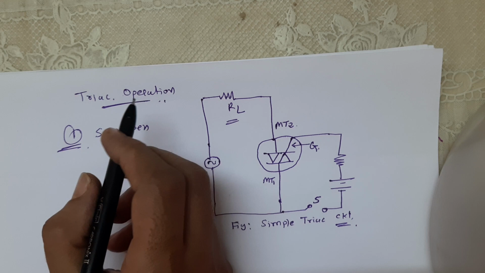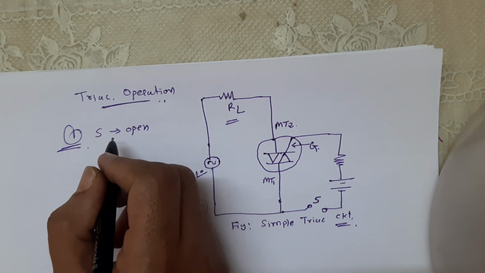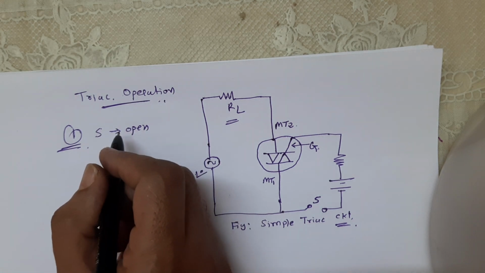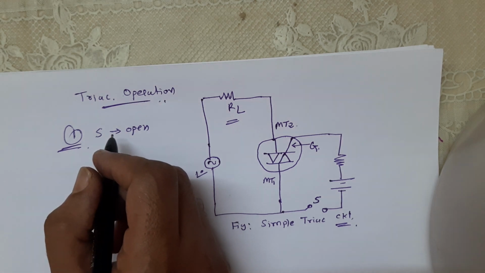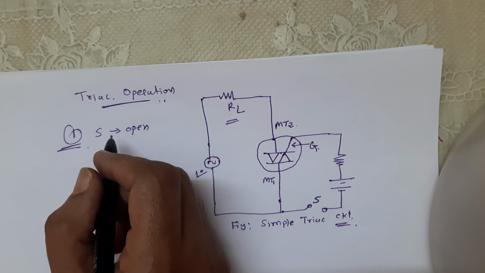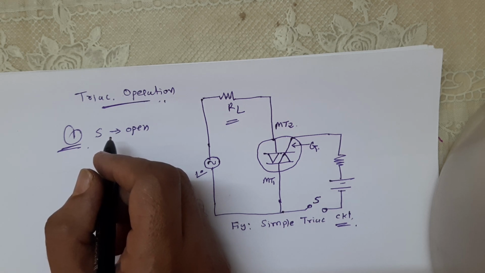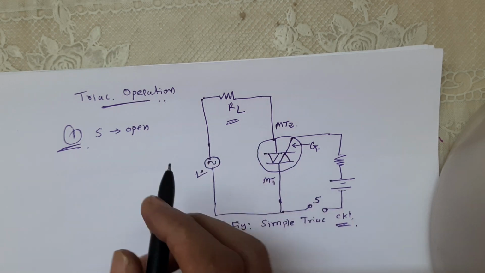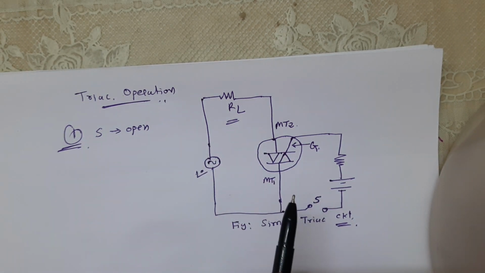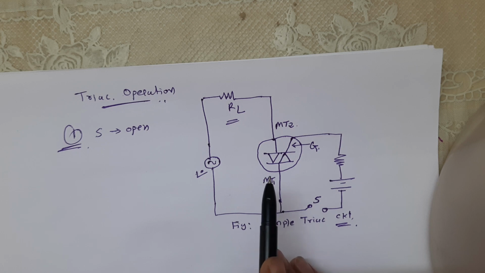By applying proper gate current, we can switch on the triac. It is the normal way.